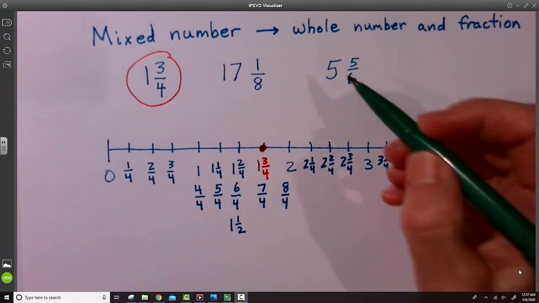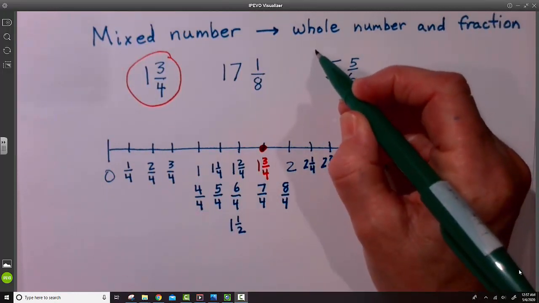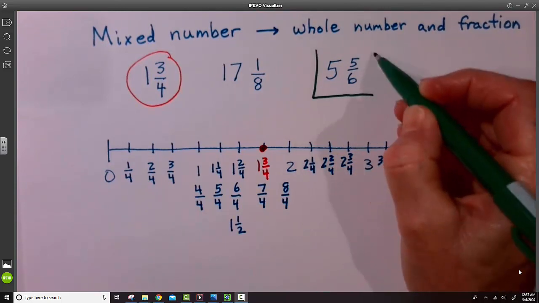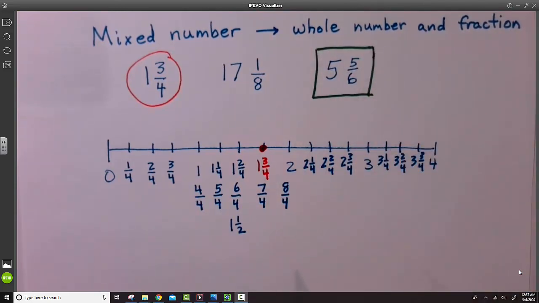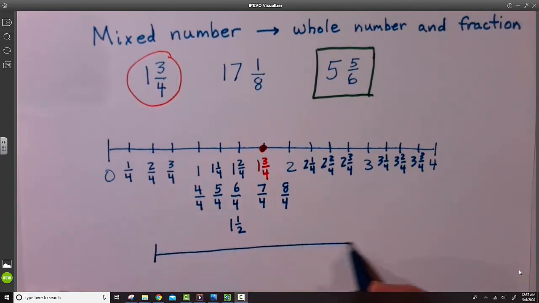The final point to today's lesson, we will use 5 5/6 as an example. But what must be understood is that number lines do not always have to start at 0. So for our next number line, we're going to start at the number 4.